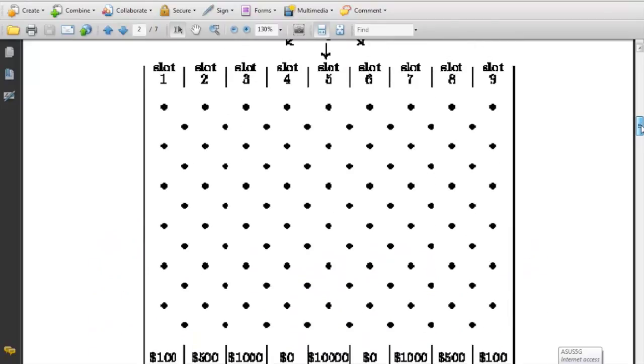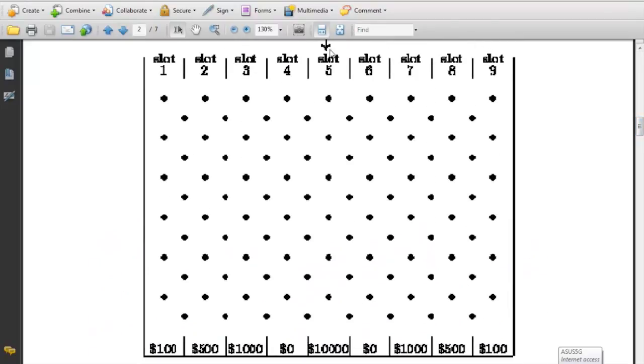So what is the chance that, let's say, something starting at slot 5 drops into the $10,000 win? In a binomial distribution, we need to first figure out what is n, like how many experiments. So if a chip has to start from slot number 5, you have to see how many pins it will encounter on the way. If you count how many rows of pins there are, that will become n.